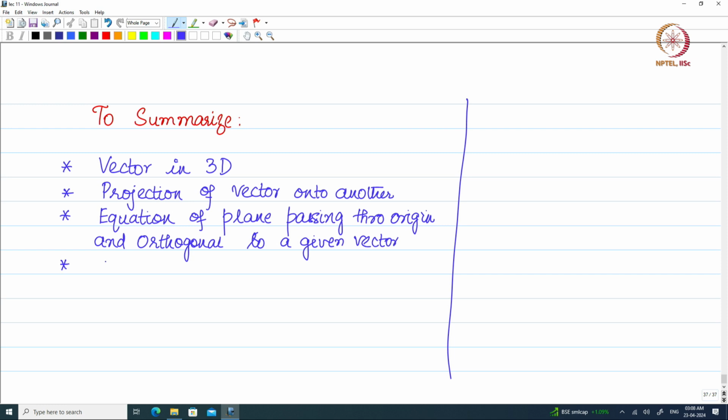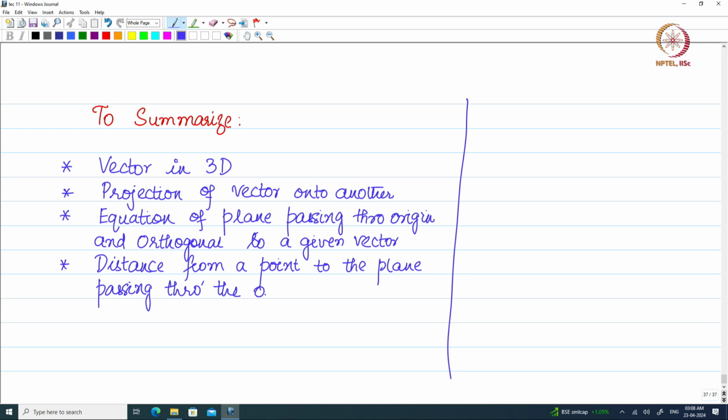We looked at the distance from a point to the plane passing through the origin and orthogonal to a given vector.